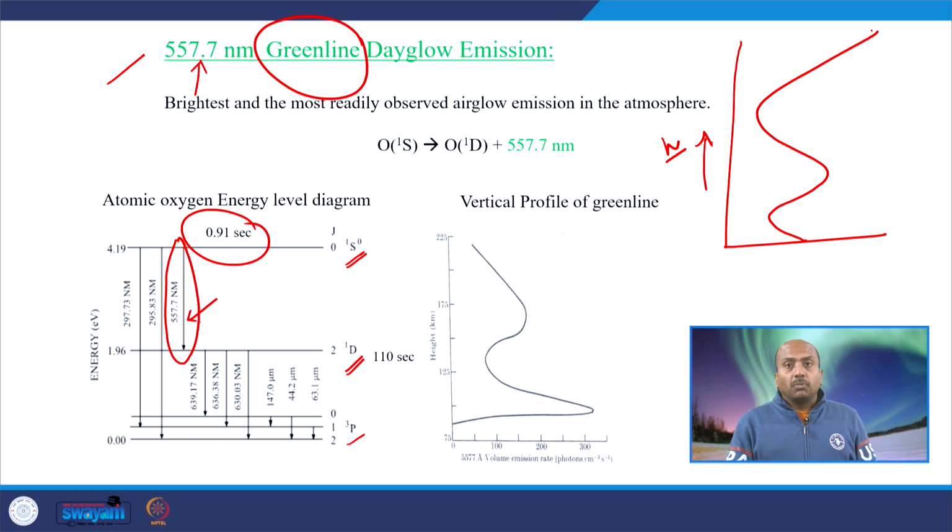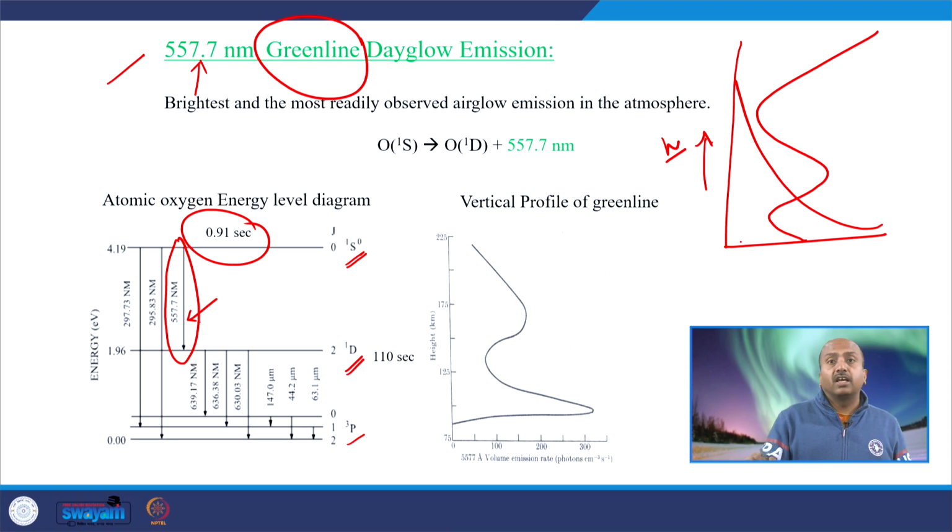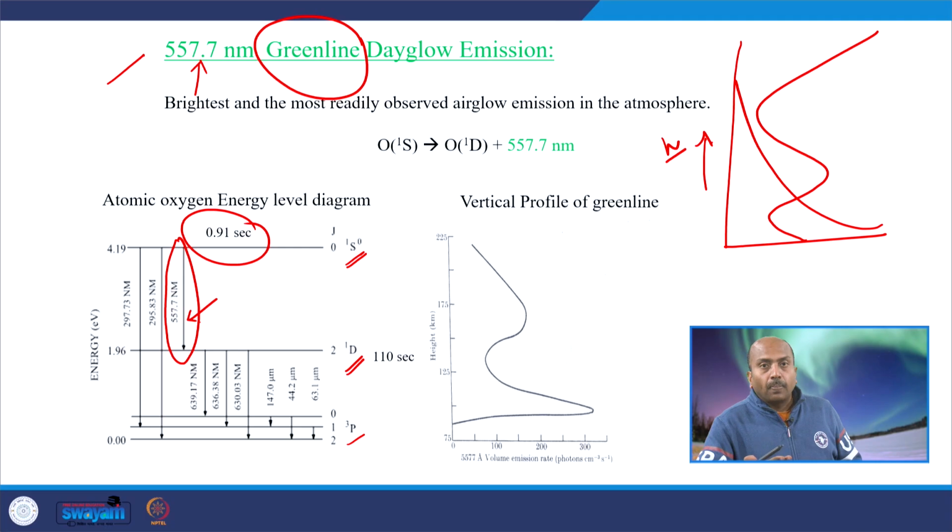If we take the neutral number density, we know that the number of atoms or molecules will decrease exponentially upwards. With this exponentially decreasing number density, the amount of photons that you get at this wavelength primarily depends on the number of oxygen atoms which are there.